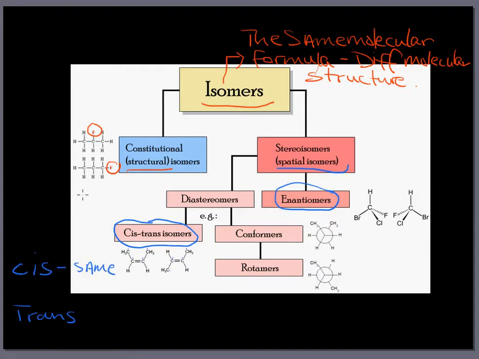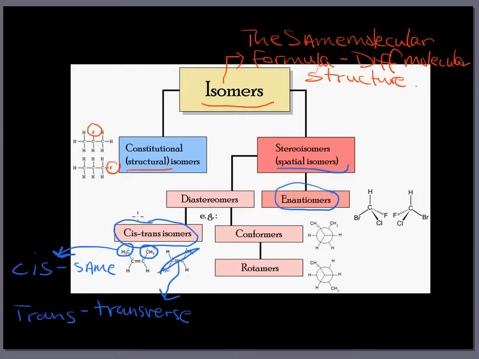So this is a cis molecule here. And trans would mean they're transverse from each other. That's where it gets its name. And that's this molecule here, where you can see that they're transverse from each other.